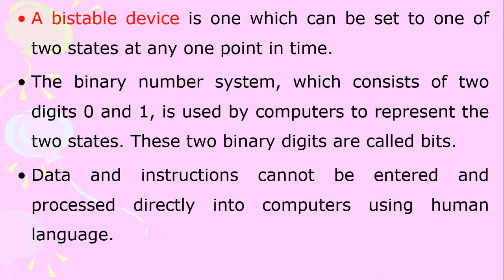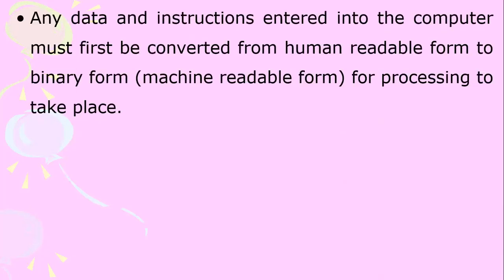Data and instructions cannot be entered and processed directly into computers using human language. And for that reason, any data and instructions that are entered into the computer must first be converted from human readable form to binary form, or what we call the machine readable form, for processing to take place.